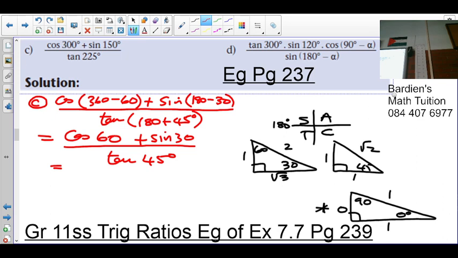Nothing. Okay, so you go cos of 60. What does cos stand for? Adjacent over hypotenuse. So it's 1 over 2. Sine of 30. What does sine stand for? Opposite over hypotenuse, which is 1 over 2. Tan of 45. What does tan stand for? Opposite over adjacent is 1 over 1. Do you guys understand?